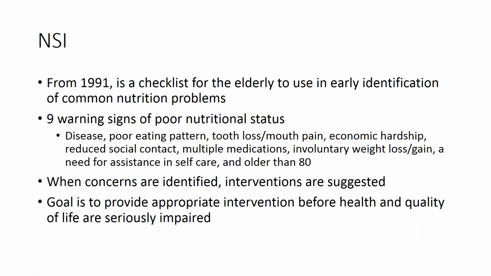If you have concerns after using one of these screening tools, we suggest an intervention. That is almost always a referral for a more complete assessment. And of course, this is right up our alley, right? Screening tools are very much used to detect early to try and help people before something becomes more problematic.